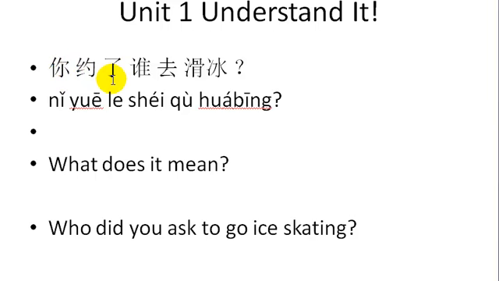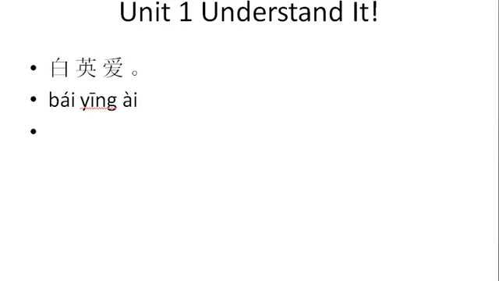你约了, you asked, you made an appointment. With who? 谁? Who? 你约了谁? You appointed who, or you asked who to go skating. And he responds, of course, 白英爱.